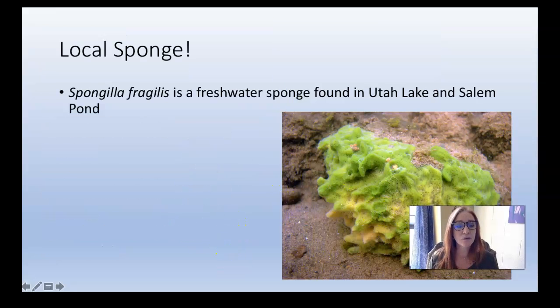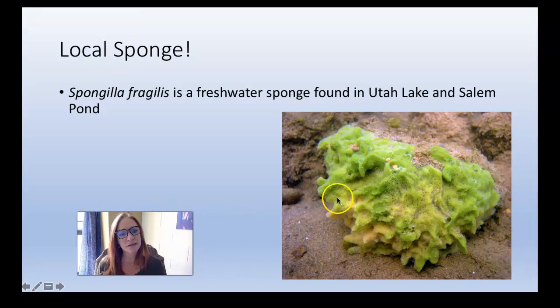And we have a local one of these. This is Spongilla fragilis, and this is a freshwater sponge that is found in Utah Lake, so right there, you guys, I can almost see it from my window. Utah Lake and Salem Pond, and hopefully they're still there.